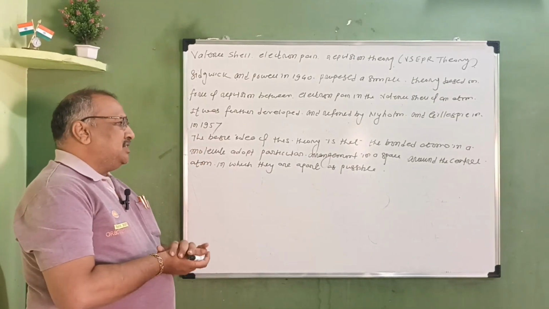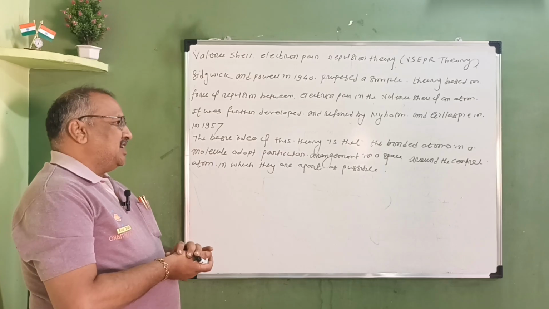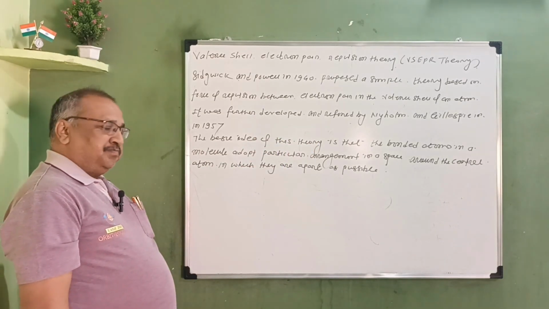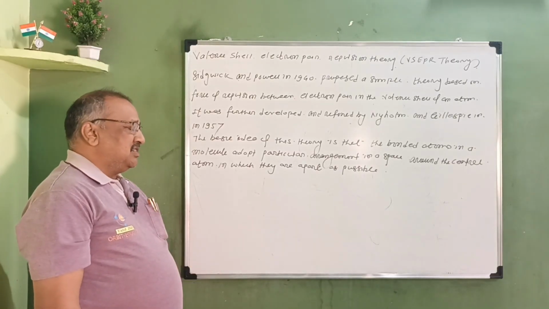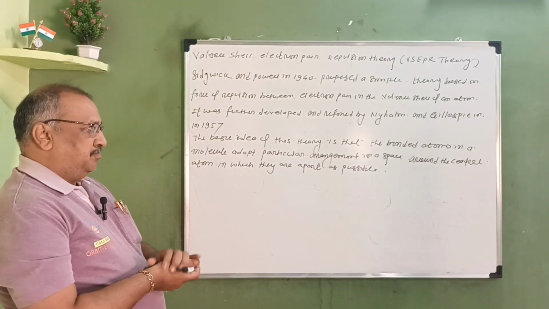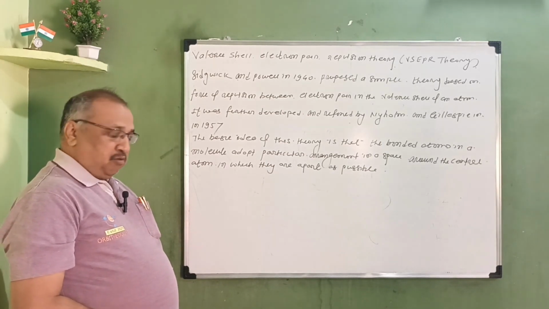The basic idea of this theory is that the bonded atoms in a molecule adopt a particular arrangement in space around the central atom in which they are as far apart as possible.